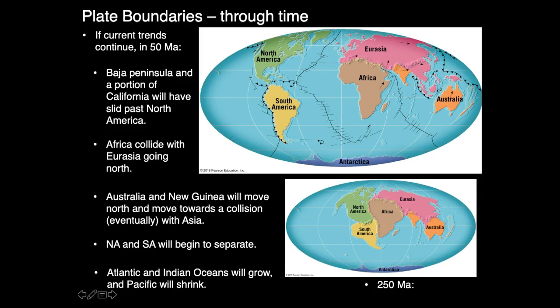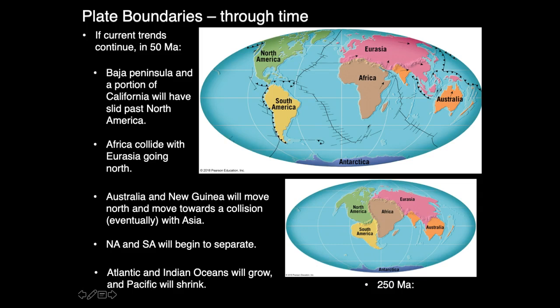So also in 50 million years, Africa will continue to move northwards, eventually colliding with Eurasia, which will close completely the remnant of the once Tethys Sea. So it will close the Mediterranean Sea. Australia and New Guinea will move north and move towards Eurasia, towards a collision with Asia.